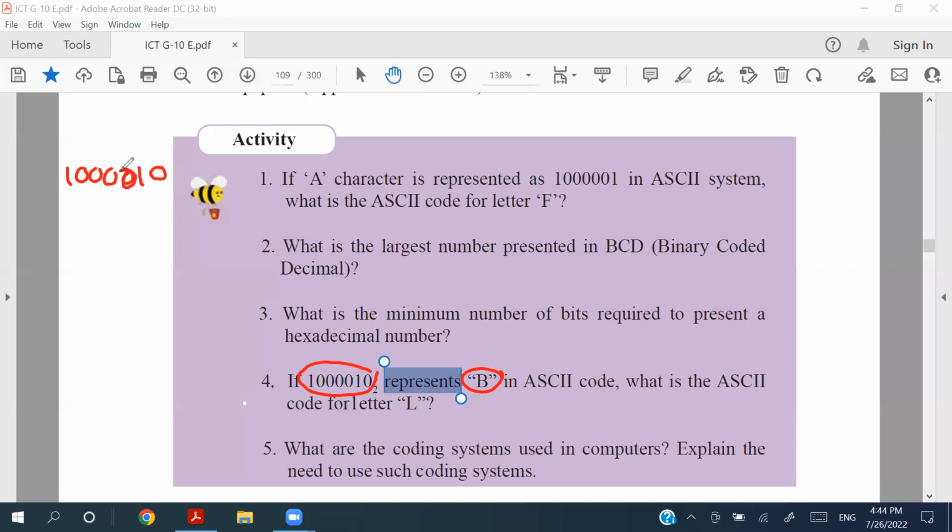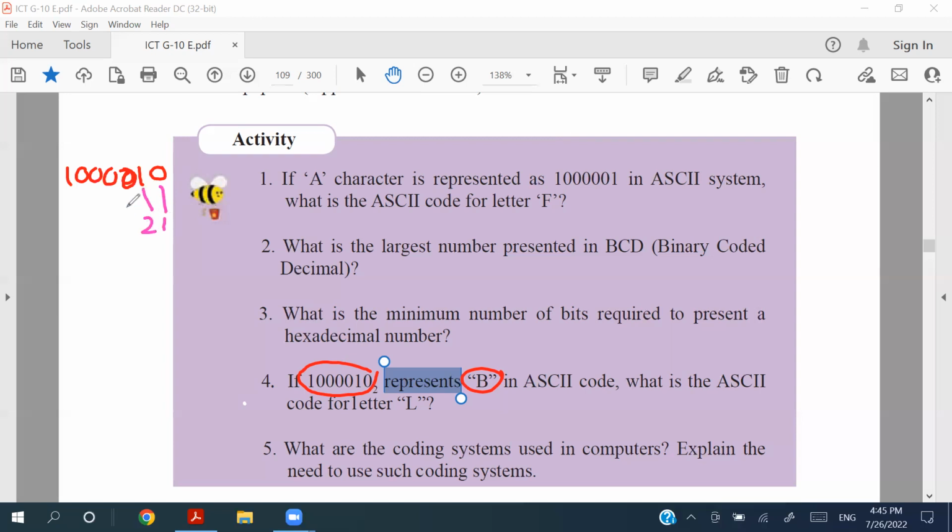Right? And then it says to find the letter L. So this is B. And B is represented by, let's convert this into binary.